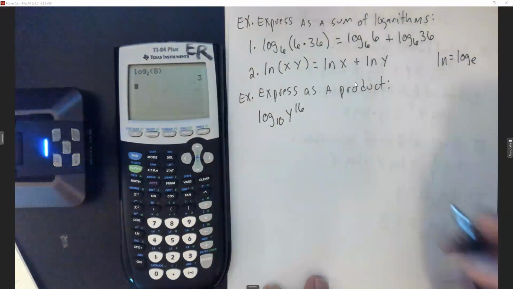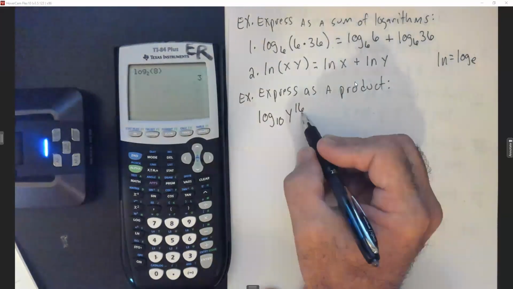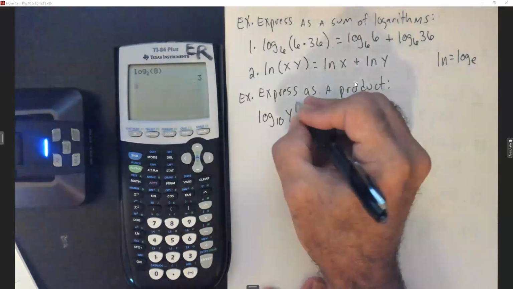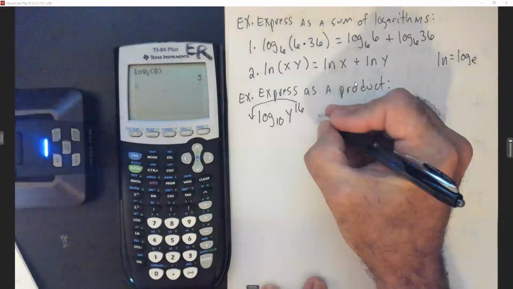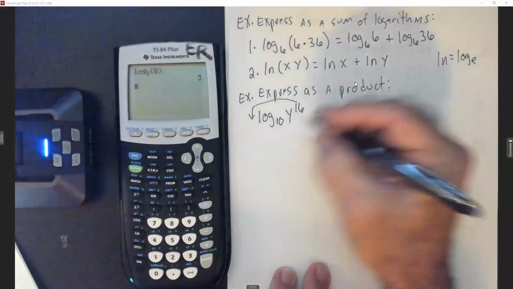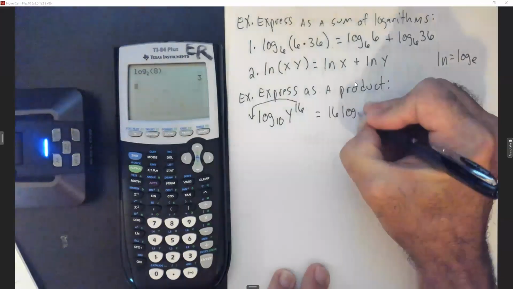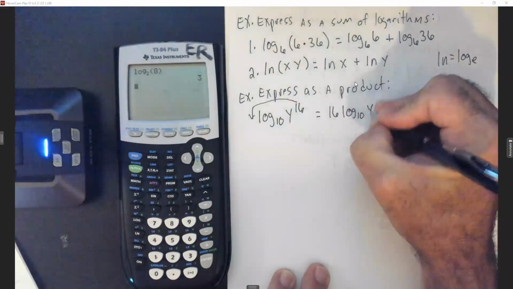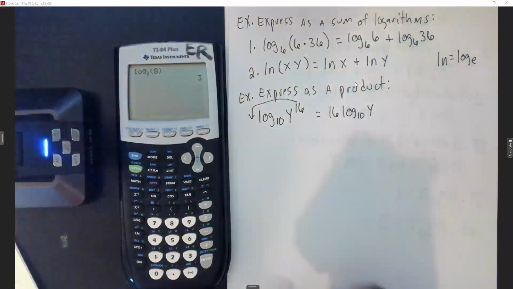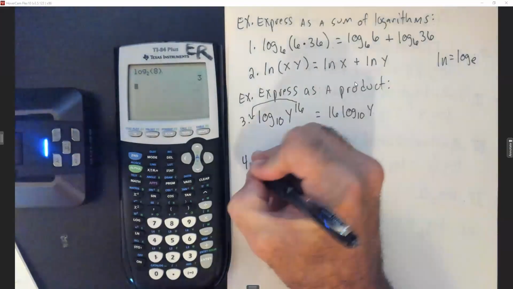And remember, to express it as a product, since this variable has an exponent, we basically got to move that exponent down to the front and rewrite it as multiplication, so that this gives me 16 times log base 10 of y. Oh, so that would have been number 3, y'all. And then this one will be number 4.